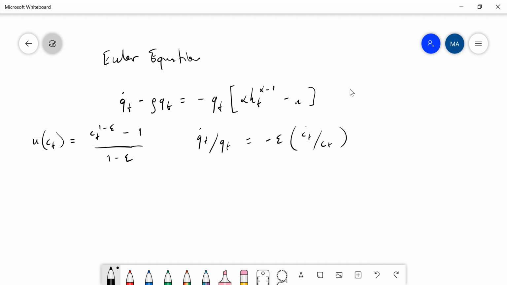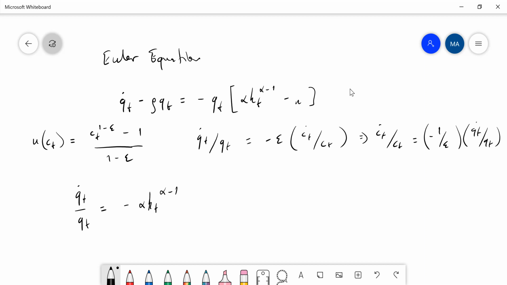In other words, C dot t divided by Ct is minus 1 over epsilon times Q dot t divided by Qt. So from this equation, I have Q dot t divided by Qt equals minus alpha kt to the alpha minus 1 plus n plus rho.